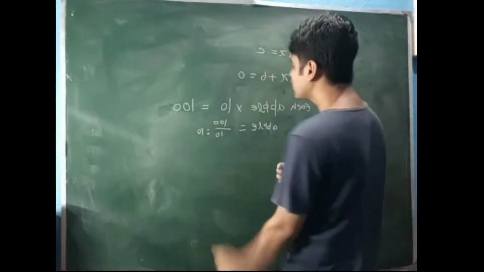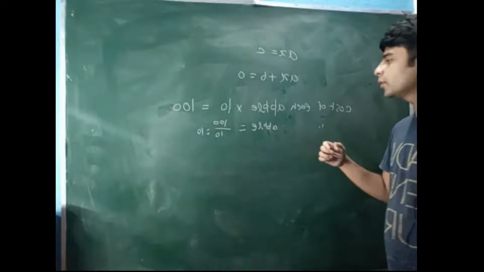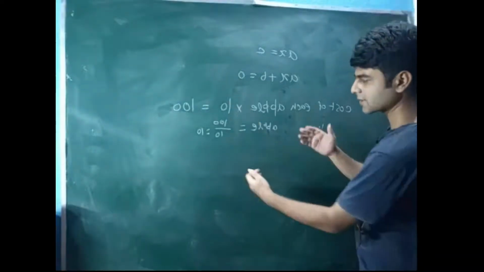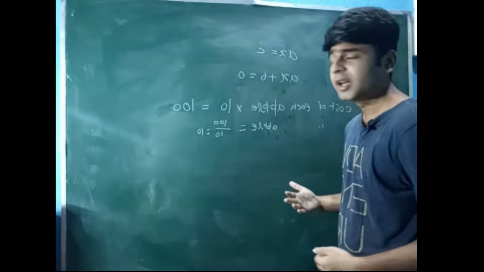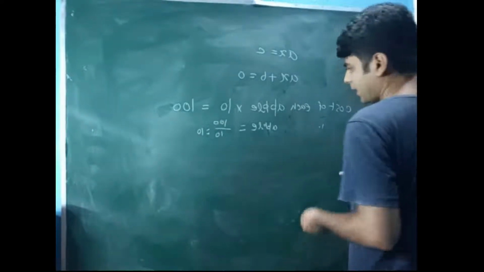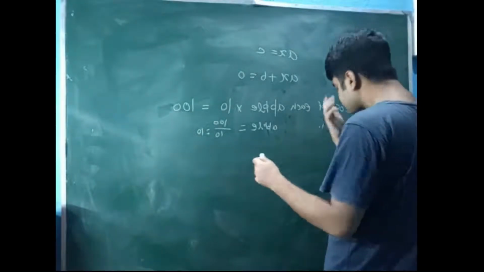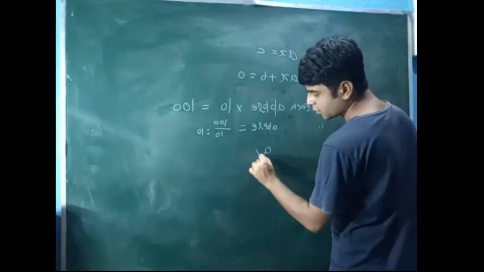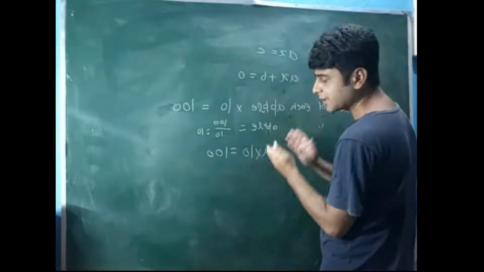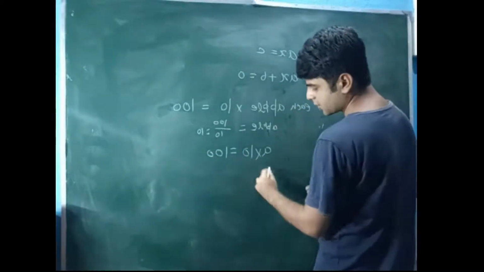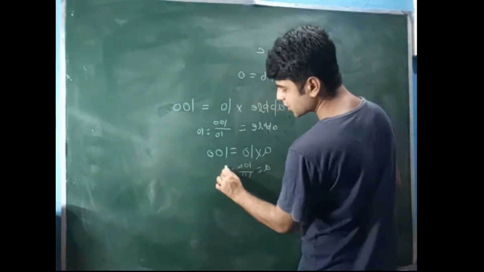One thing has to be observed here: if you write this kind of thing again and again, you need a lot of time. So to make it simpler, we just write a into 10 equals 100, where a represents the cost of each apple. So a equals 100 by 10, which is 10.